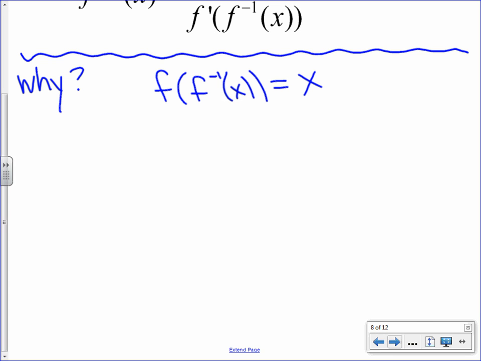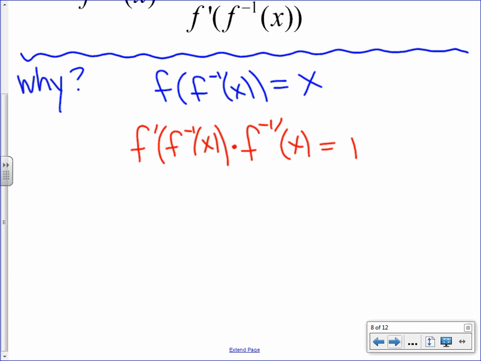Chain rule. So on the left side, when we take the derivative, we get F prime of whatever's inside, times, chain rule, the derivative of the inverse, equals the derivative of the right side, 1. So we just took the derivative of both sides.